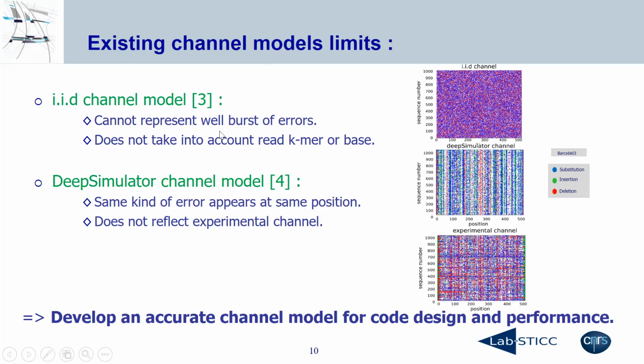it doesn't take into account bursts of errors, but also the read k-mer, which can introduce more or fewer errors. And in the case of DeepSimulator, we observed from our experiments that it seems to introduce the same type of error at the same position each time, and it forms vertical continuous lines, which are not so continuous in the experimental channel.